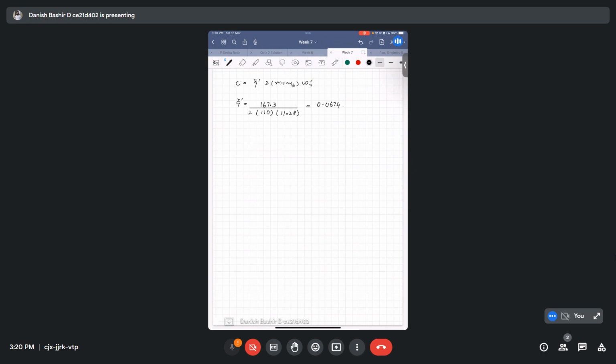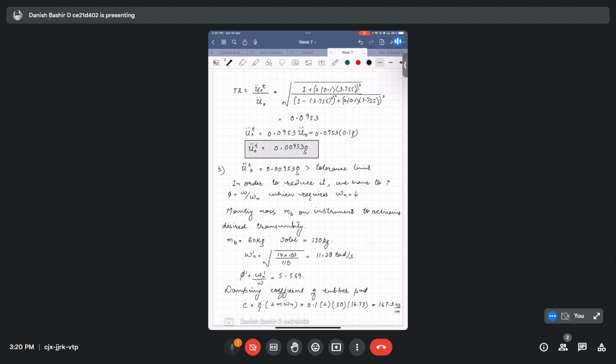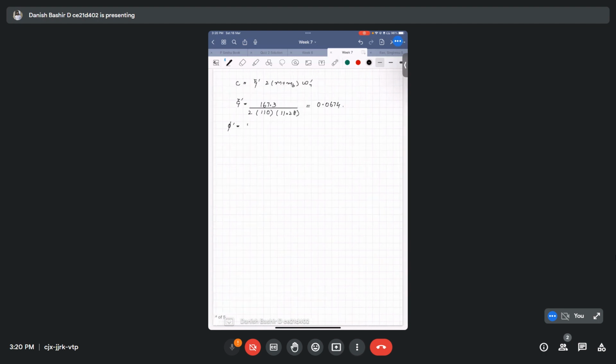So we got our new phi dash as 5.569 and new damping ratio theta dash as 0.0674 after adding mb on the instrument.